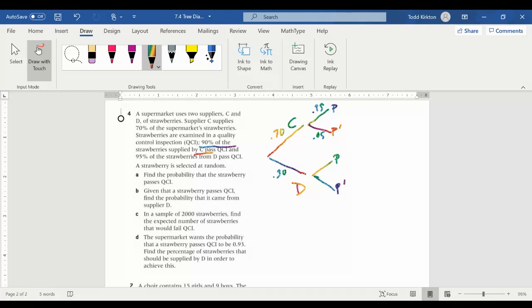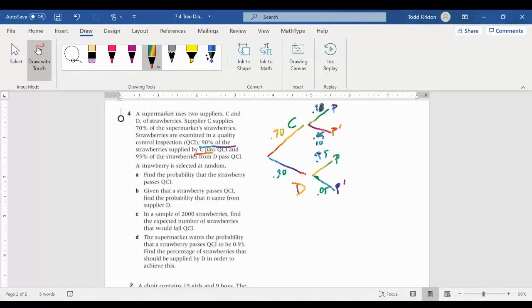And oops, sorry, I got that one wrong. That was 90%. So this would be 10%. So this one is not as good. And this one, 95% pass. So company C has more, or company D has more passing.